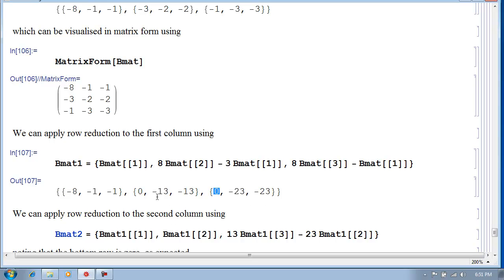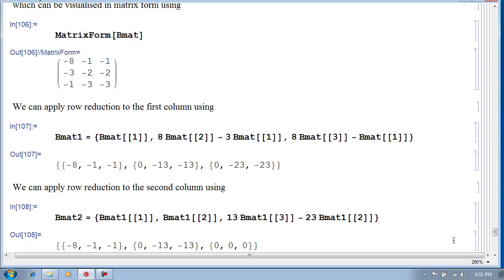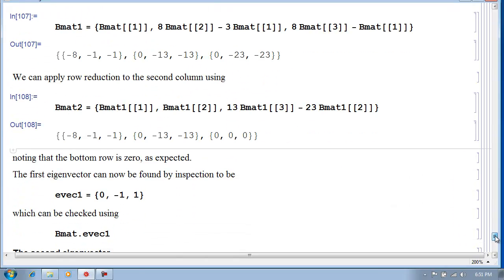And now we want to apply row reduction to the second column. So in other words, we want to subtract 23 times the first row from 13 times the second row, and we can do that here. And we can see that the bottom row consists of zeros, as we expect, and now we can solve the system of equations for the eigenvectors.